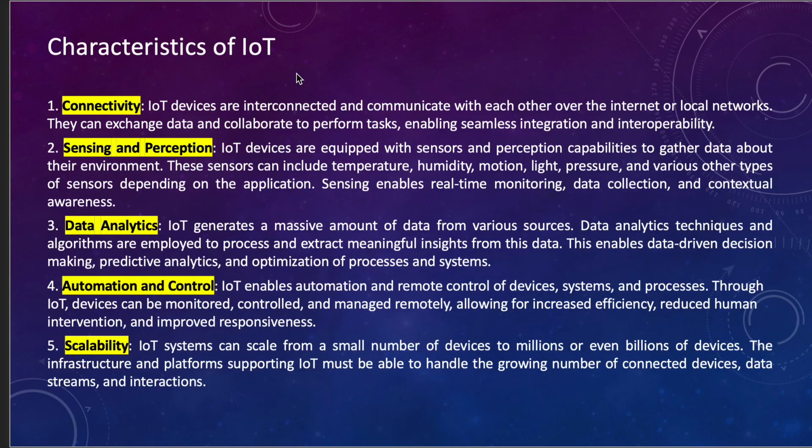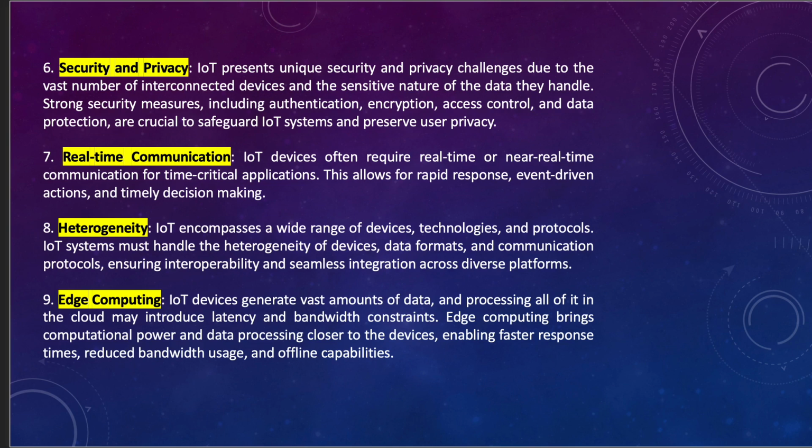So the characteristics of IoT systems. For this, we talked about connectivity, sensing, so the perception layer, data analytics, automation control, stability, security and privacy, real-time communication, heterogeneity, edge computing. We talked about all these things.